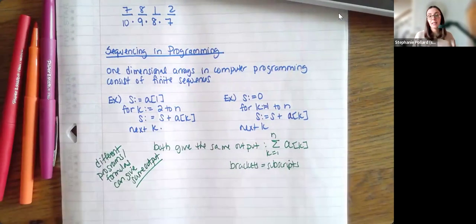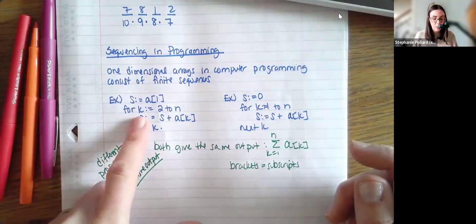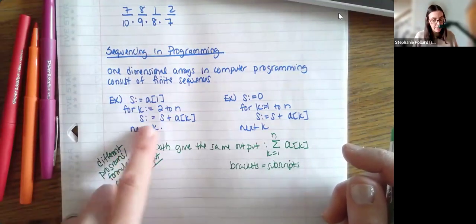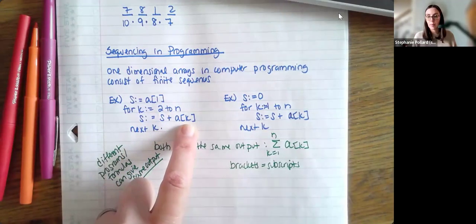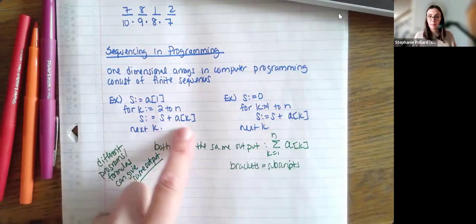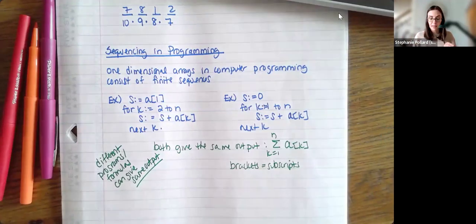So that ties in here as well. So here you can see you're starting with a sub 1, and then for k equals 2 through n, you're taking the original s, which is a sub 1, and then you're adding it to the next a sub k for the next k. So going from 2 all the way through n. So you're getting that sequence from a sub 1 all the way through a sub n here.